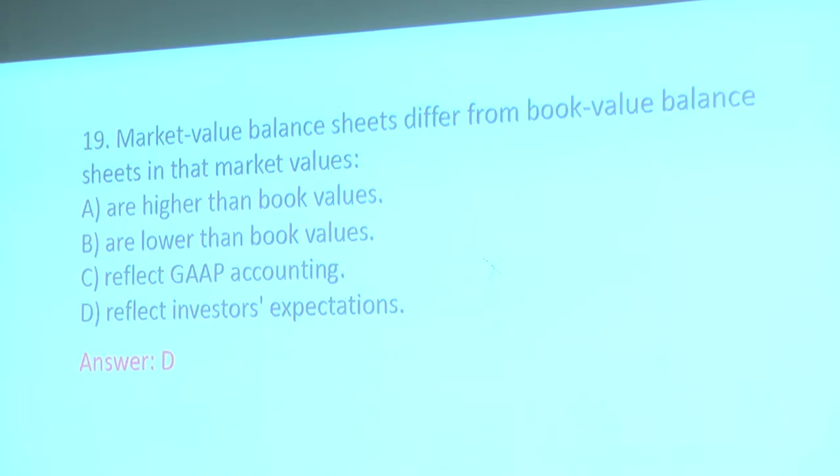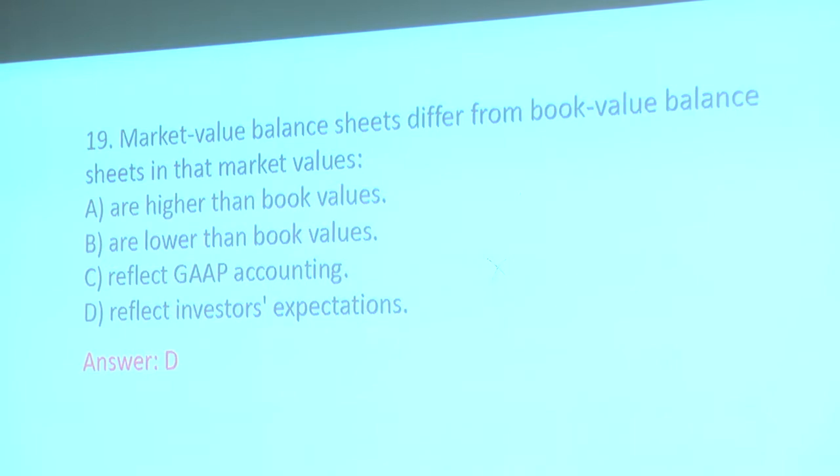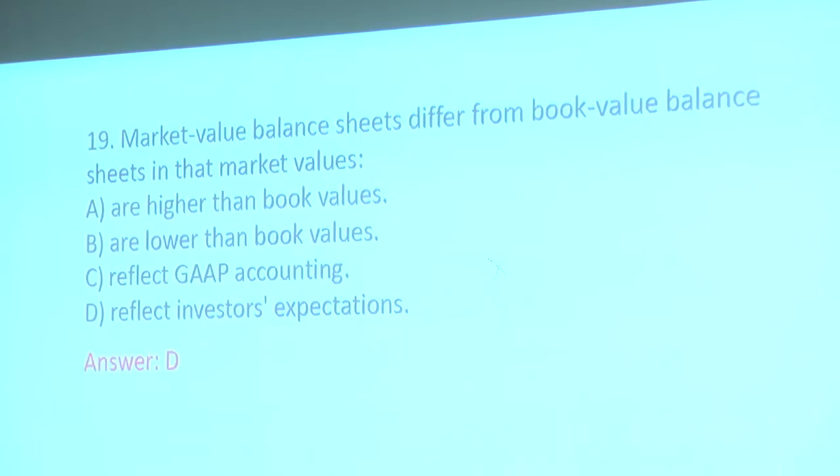So that reflects investors' expectations. Generally speaking, market value should be higher than the book value for most of the firms, but that's not necessarily true. Some of the firms' market value are actually lower than their book value. Most of the firms are higher, yes? That means they're doing pretty bad, actually.